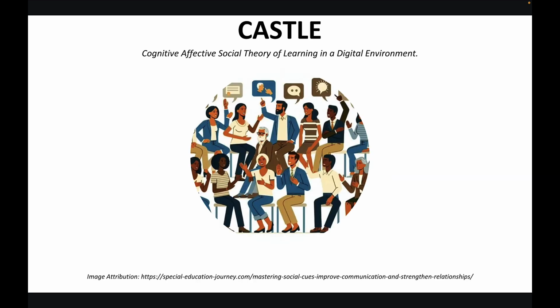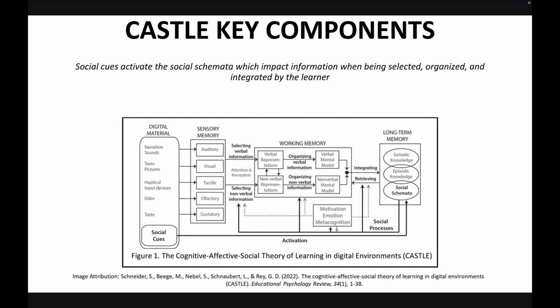The cognitive affective social theory of learning in a digital environment builds off of cognitive load theory and CTML by exploring social processes and incorporating social cues while having a more broad sensory memory to enhance the learning experience. So here we have our key components.